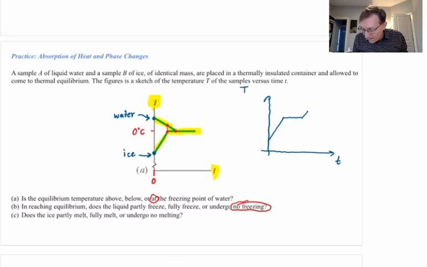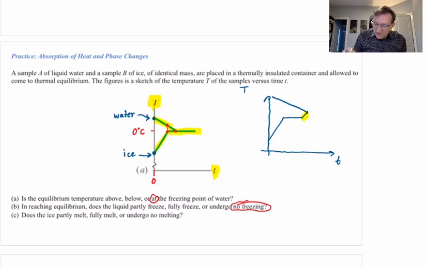Meanwhile, the water graph would come down and eventually meet it. So the point is, if I'd had a bit like this at the end, showing that the ice had gone up above its plateau, then I knew the ice had fully melted into water, and that water was then warming up. This picture doesn't show anything like that.